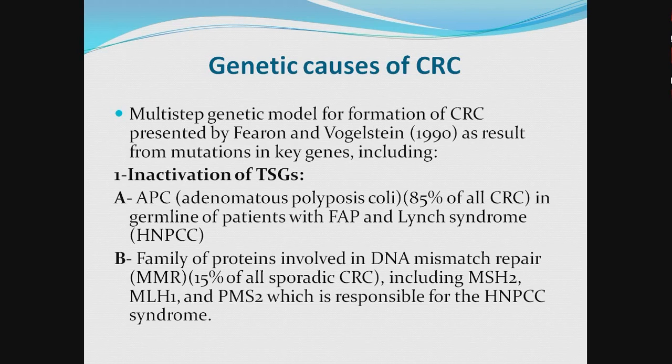So both of these types, APC and the MMR family, are the most important groups of TSG for the development of CRC.